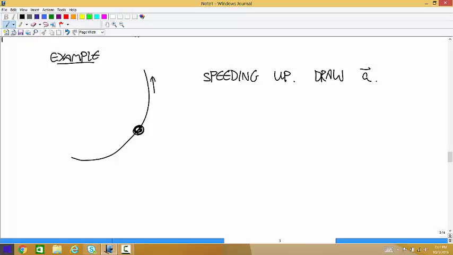Okay, so first of all, the velocity vector is tangent to the path. So this way is tangent and this way is tangent, but it has to be in the direction of motion, so it has to be that way. So that's the velocity vector.